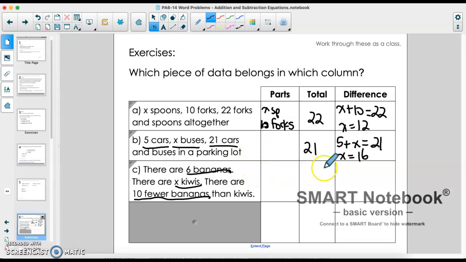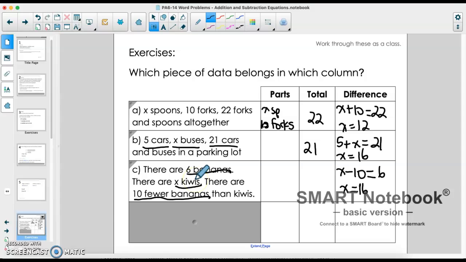And so what we would say then is we have X minus 10, right? So kiwis minus how many fewer bananas there are is going to equal 6, which means that there are going to be, right, 16 kiwis, because there's 10 fewer bananas than kiwis. So this number here has got to be 10 more, okay?